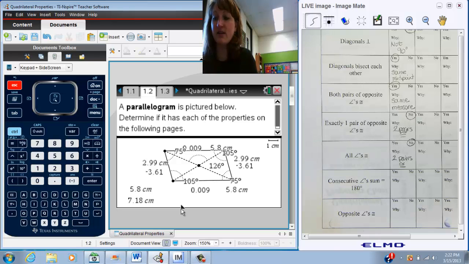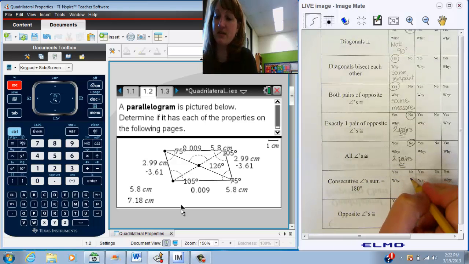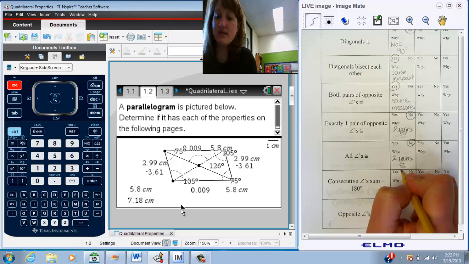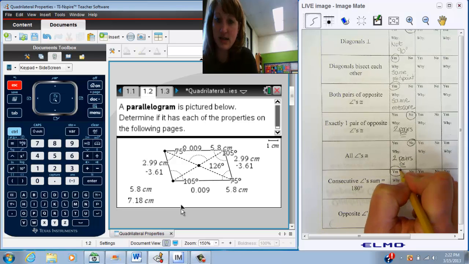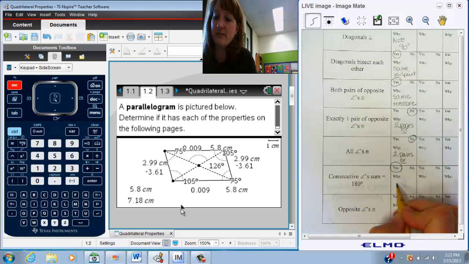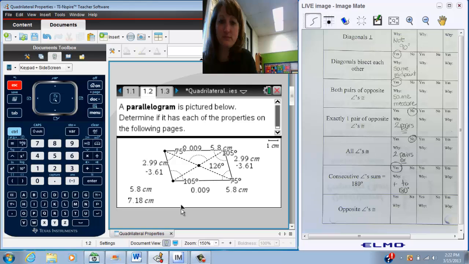So, do consecutive angles have a sum of 180 degrees? Yes. Why? They add to 180.